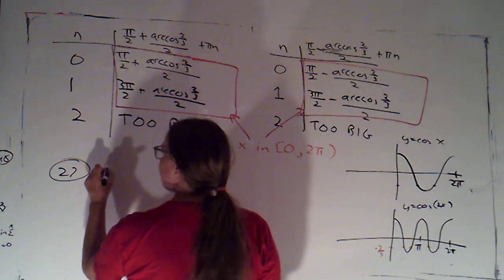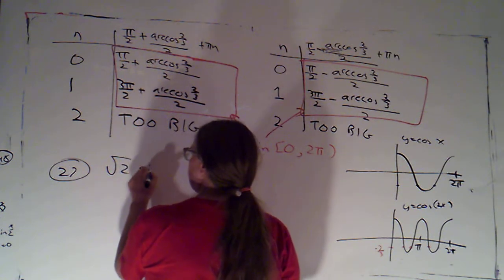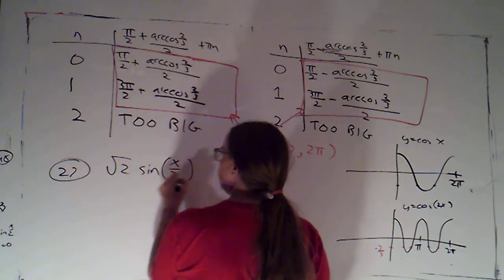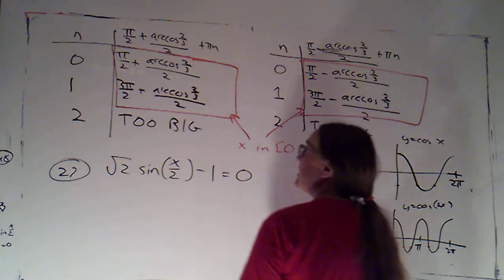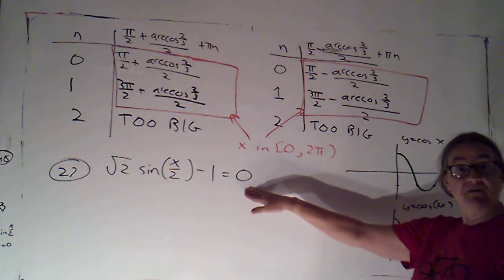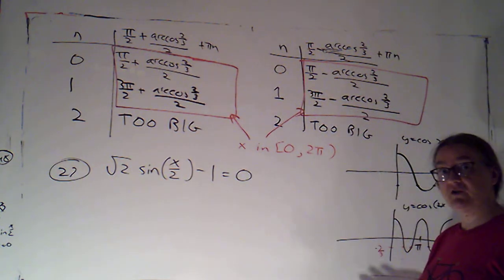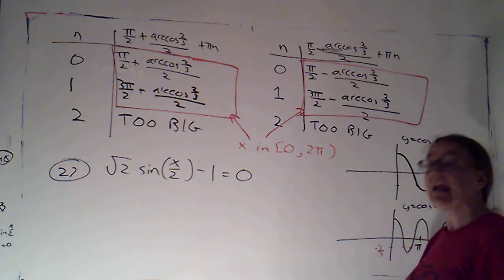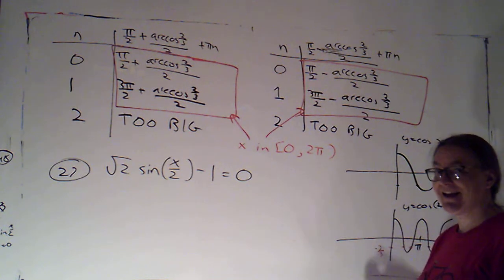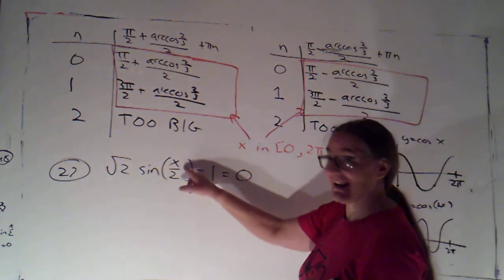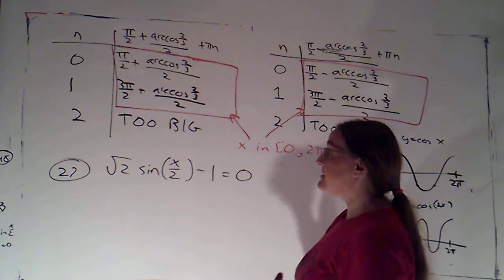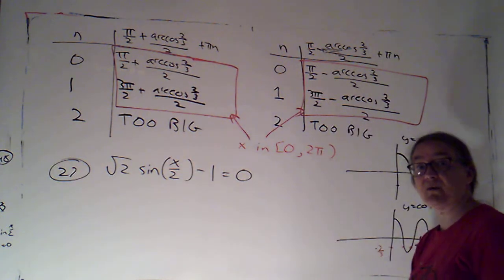So question 27 is root 2 sine of x over 2 minus 1 equals 0. Same directions that we've had before. You're going to find all solutions in the interval from 0 to 2 pi. Of course, those solutions are going to be x. So what I recommend is that you follow a strategy similar to what we did here.